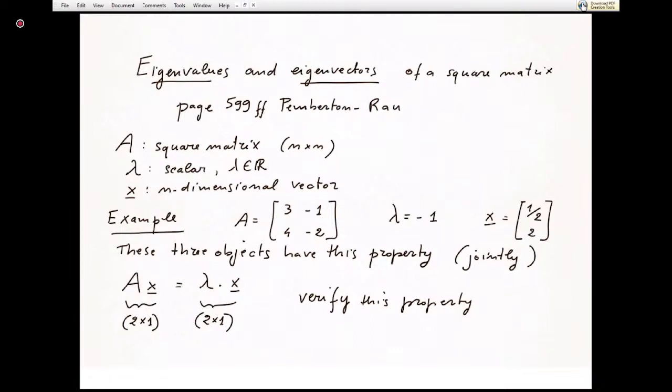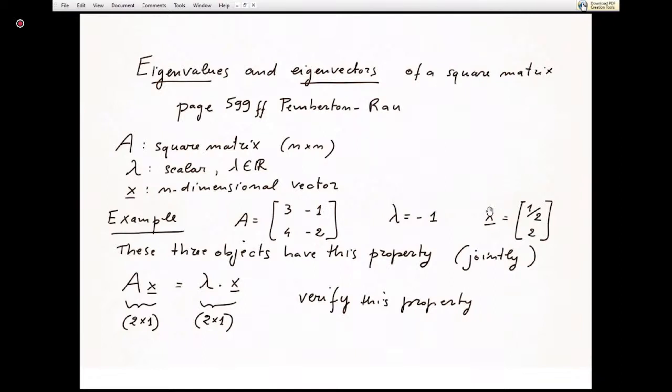I selected three elements to show you that these three objects jointly have a very important property. We can check immediately that if I multiply matrix A by this particular vector x, I obtain, of course, what? A two-dimensional vector. Again, Ax is a two-dimensional vector, okay?